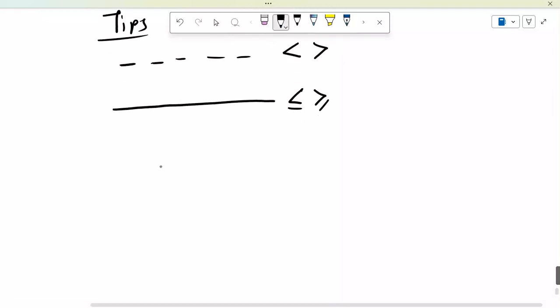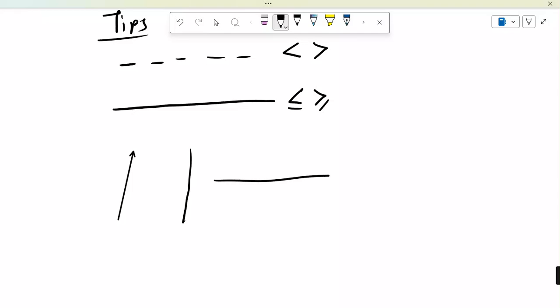And if the line is parallel to the x-axis or the y-axis, it's just passing through one point. Then you just check the number at which it crosses that particular axis.